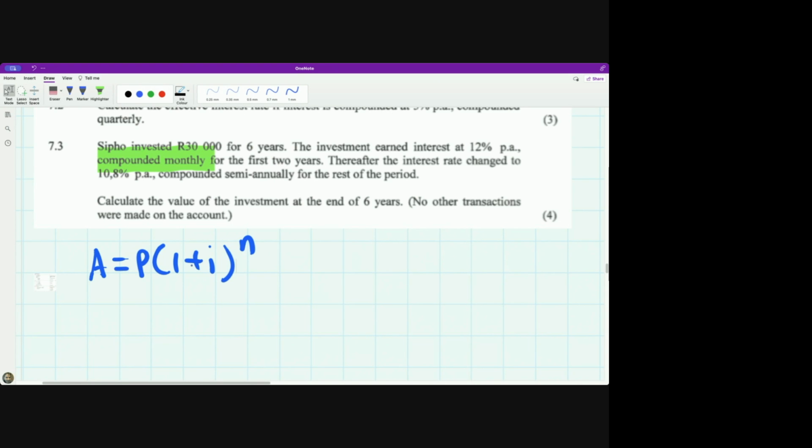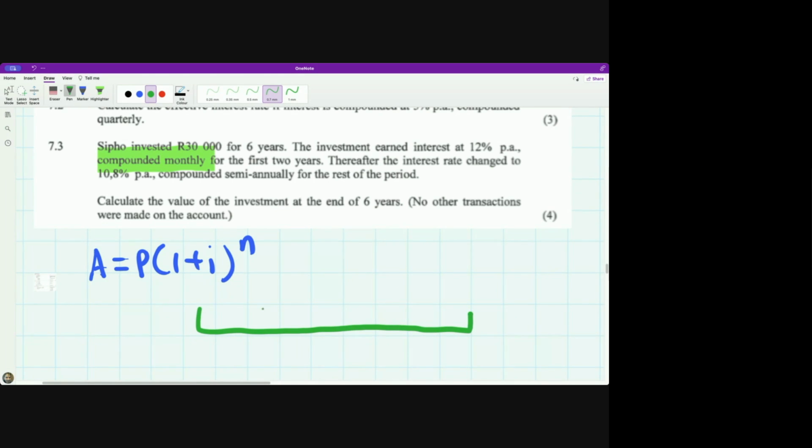Okay, now it says, for the first 2 years, I earn interest at that rate, but then it changes. It compounds over a different interval. Calculate the value of the investment at the end of 6 years. So, because there's interesting stuff happening, I'm going to make what's called a timeline.